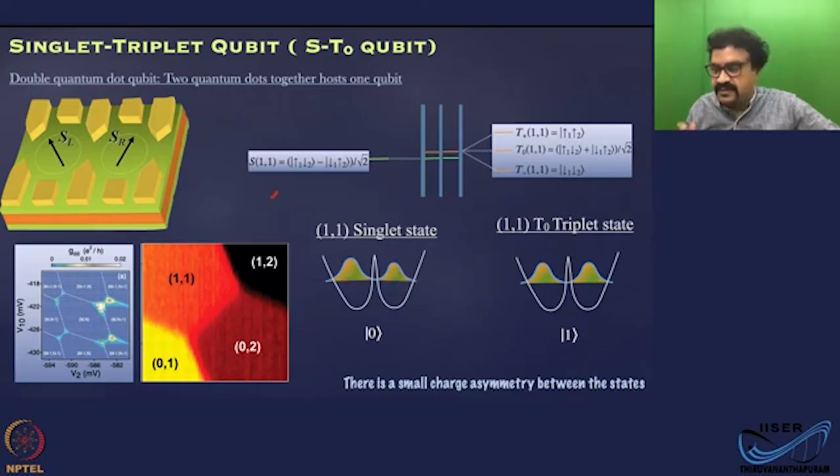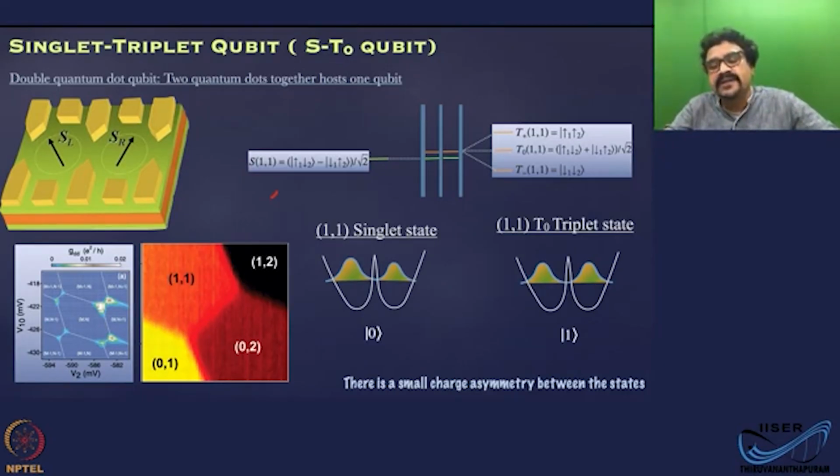That means charge is more tilted towards 1 dot. So that is an added advantage, because you can distinguish that also by doing a charge sensing to see which state it is. But that's not how you read out, but that also will give you some knob to know the state.